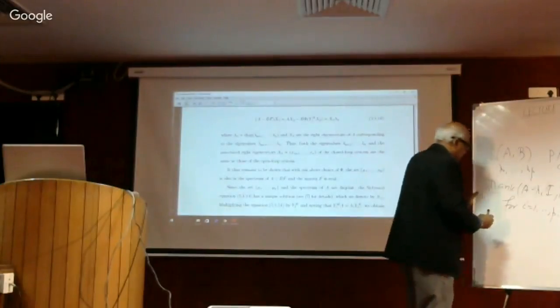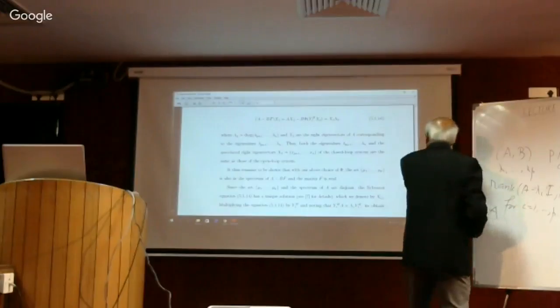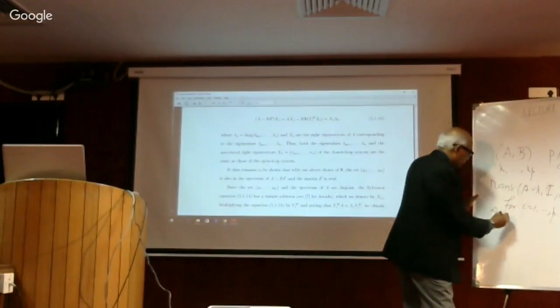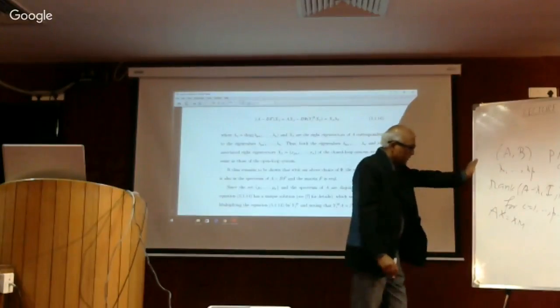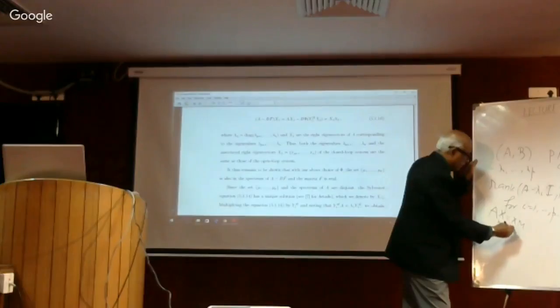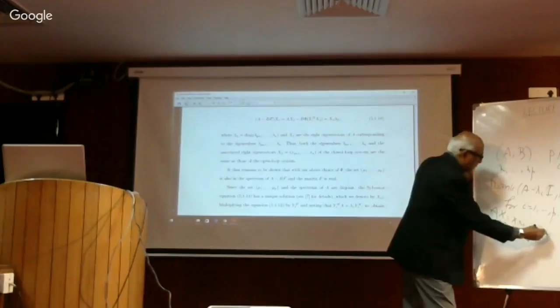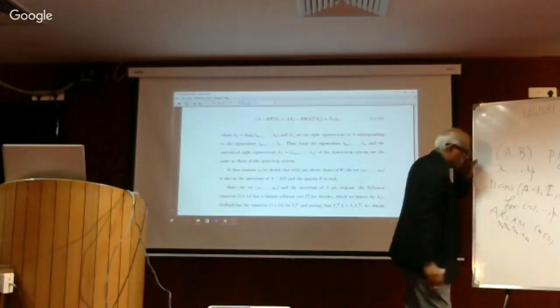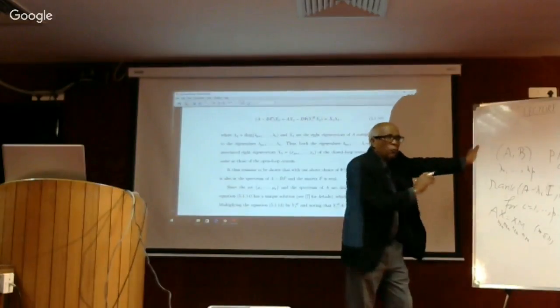Suppose I have a matrix A, and I have a matrix equation like this, A X equals X M, where A is n by n, X is n by m, and M is m by m, and say m is less than or equal to n.